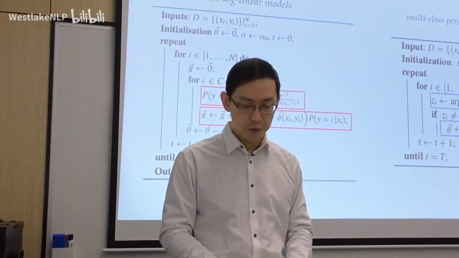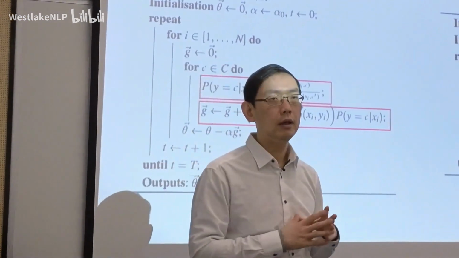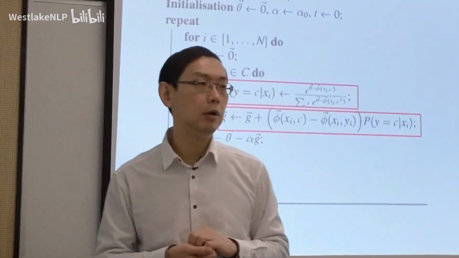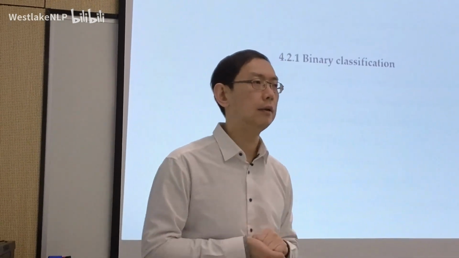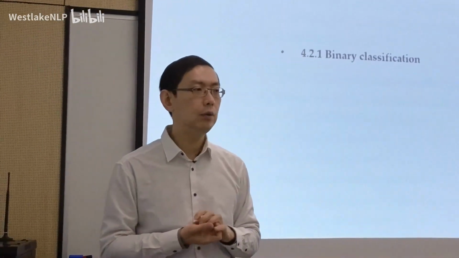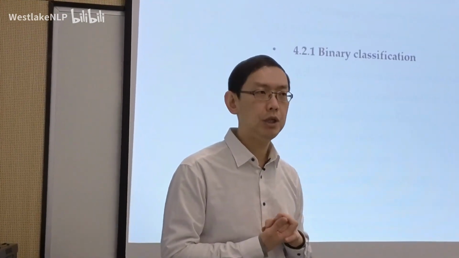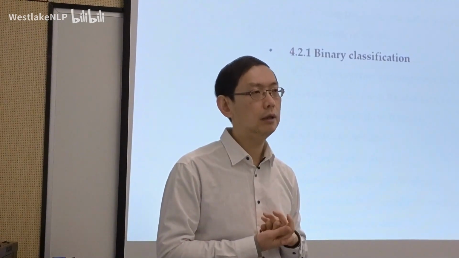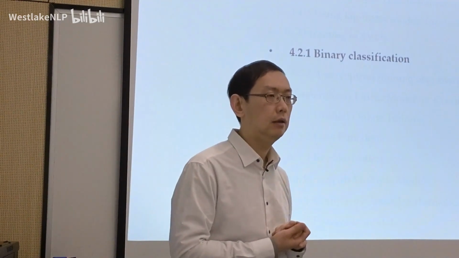Alright, so now we're done. We found a lot of similarity between log linear model and perceptron model, and we explained why it ends up with probabilities. The next thing we do is, last week we learned support vector machines. We only learned its training objective, but we did not discuss how it is trained.